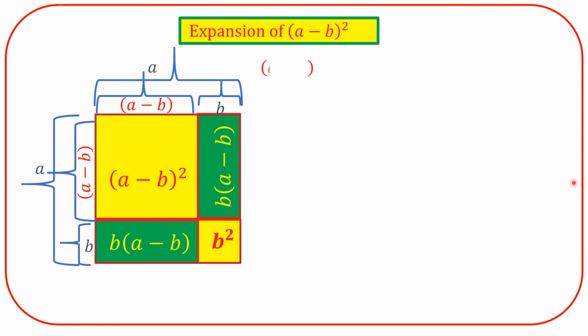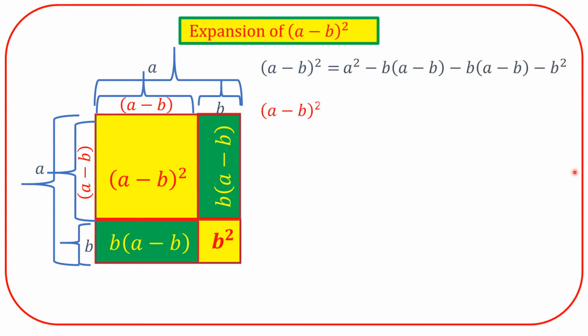So (a - b) whole square is equal to the area of the complete square, that is a square, minus this part, that is b into (a - b). Now subtract this part, that is minus b square.